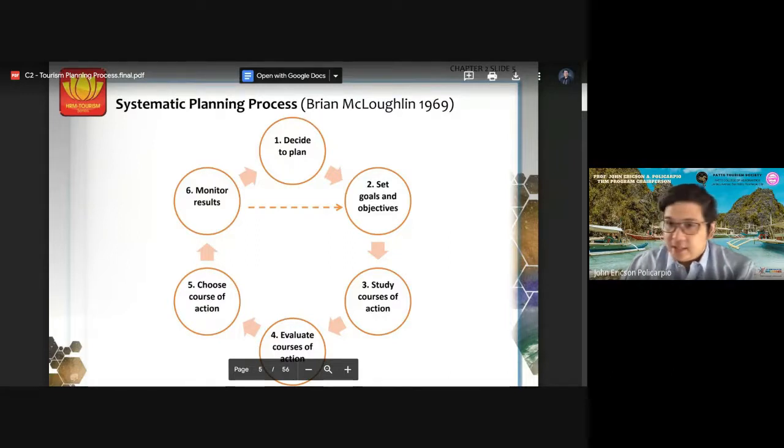And in tourism planning, a tourism plan won't exist without a certain interest of the tourism planners to conduct a plan, to organize things, to implement changes, and to at least monitor and evaluate future developments of the tourism industry. So it starts with the decision to make your plan.